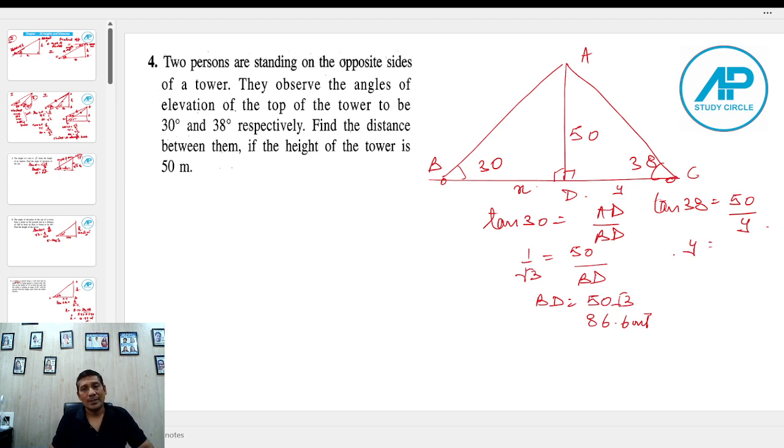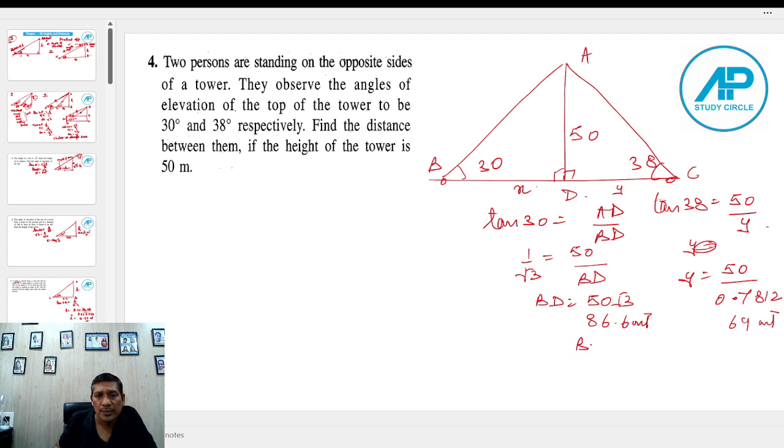The value of tan 38 is 0.7812. So I got y equals 50 upon 0.7812. Look up the value of 38 in the 0 column on the last page of the table, and you will get 0.7812. You have to divide 50 by 0.7812, that gives you approximately 64 meters.